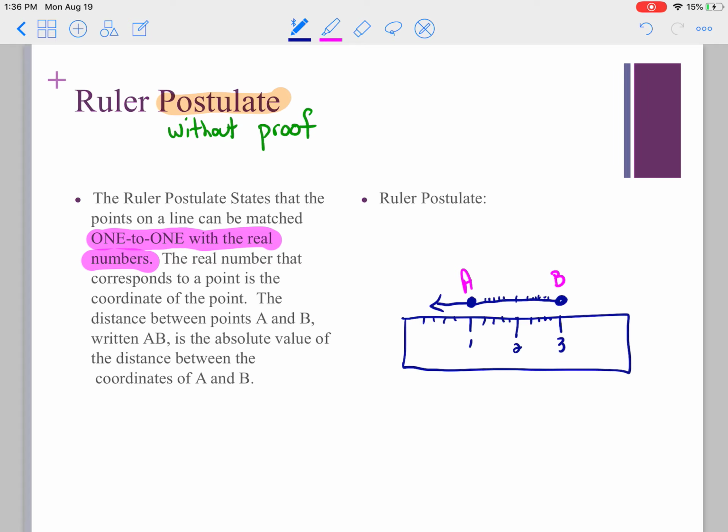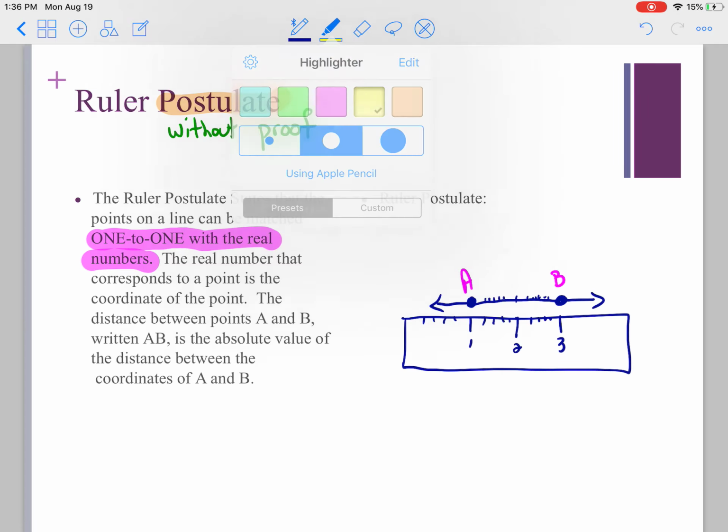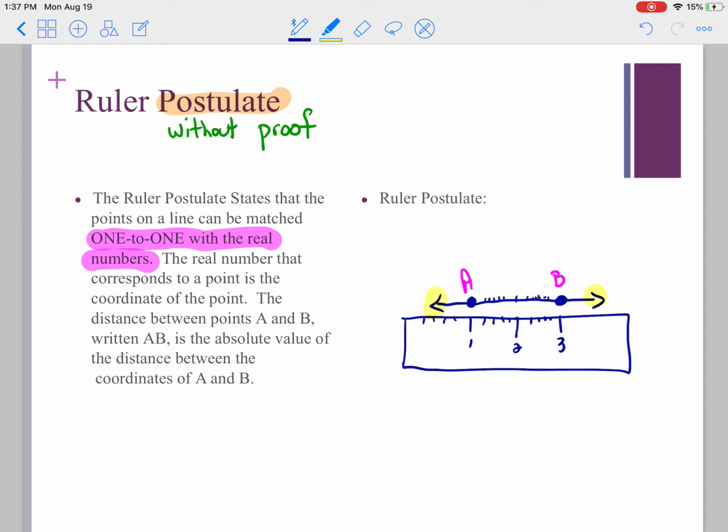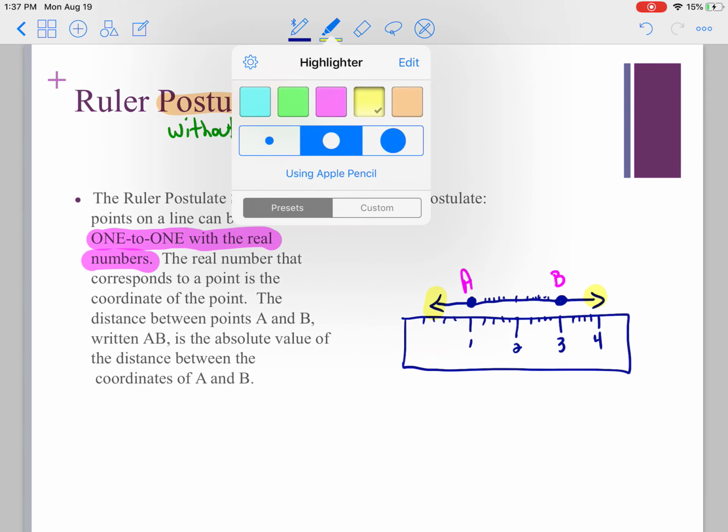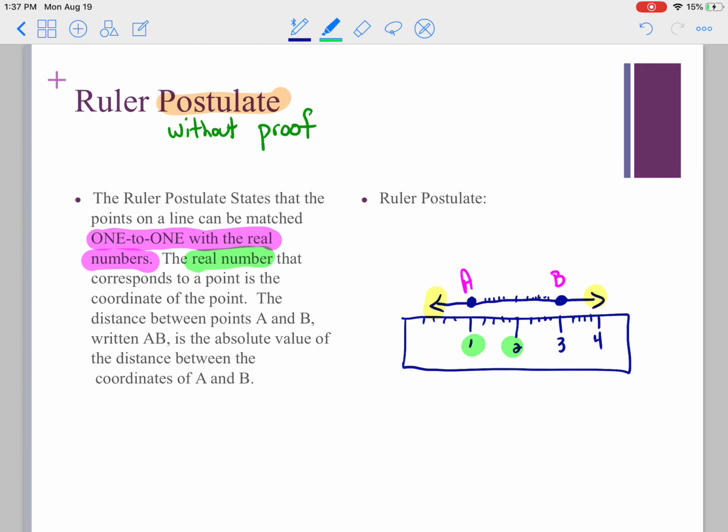I could make it a line by using the arrows. Remember, the arrows denote that it's a line, so it would go in two directions forever. And once again, we could associate any point on that line with a point on the ruler, or more importantly, a real number on that ruler. So that is the ruler postulate. Basically it says that any point on that line, we can associate with a number.